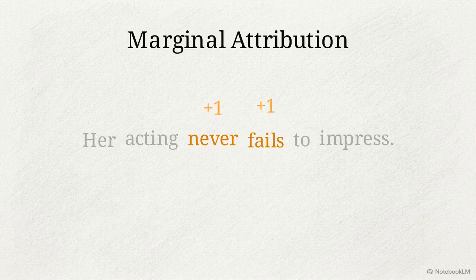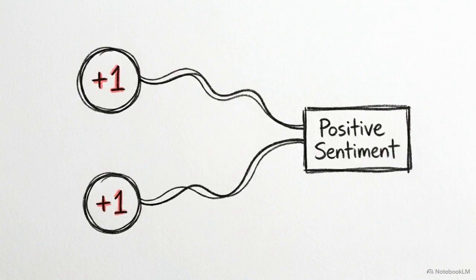Using marginal attribution, the explainer isolates the words never and fails, assigning independent positive scores to each token. By treating the inputs as isolated variables, marginal attribution misinterprets the semantic structure of the sentence.